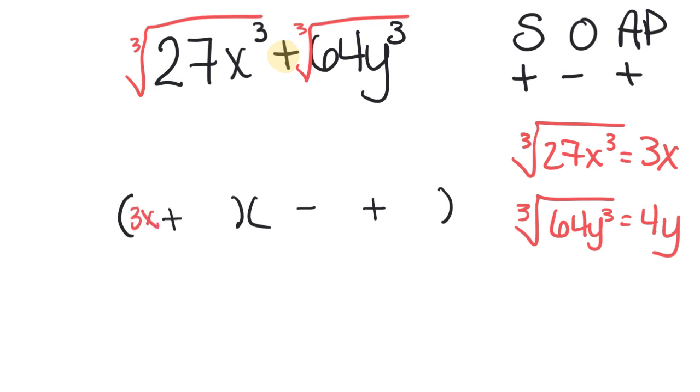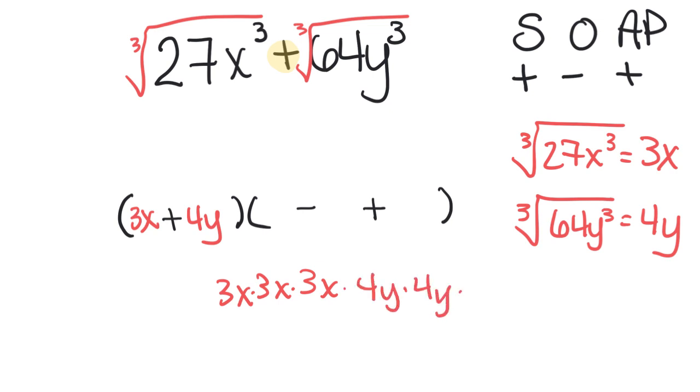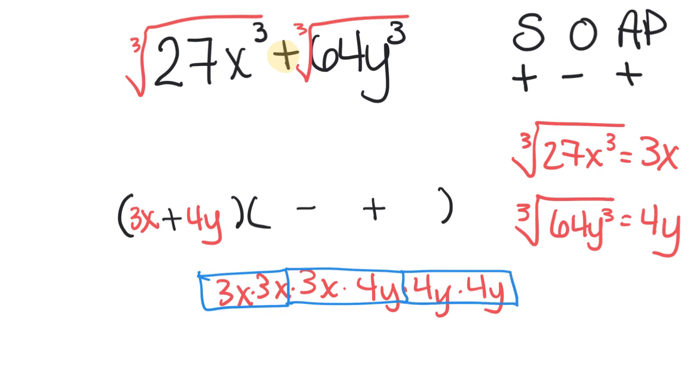So I have a 3x and a 4y. 3x, 3x, 3x. If you want to put times signs, you can. 4y, 4y, 4y. Pair, pair, pair. Those are the three things we need to do.